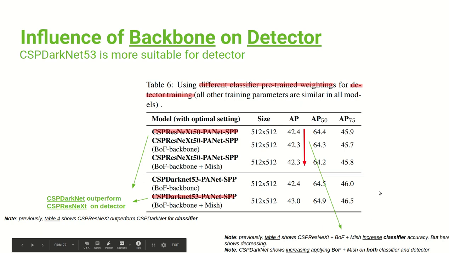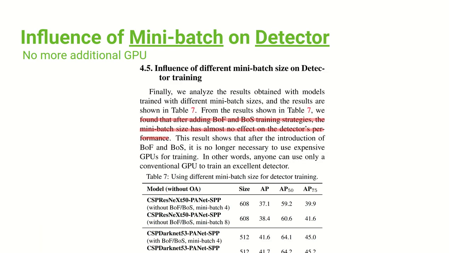So they do exactly the same on the classifier, and you show really good results, but on the detector you degrade. So they conclude that Darknet is better suited for the detector task than ResNeXt. That's why they choose Darknet instead of ResNeXt.